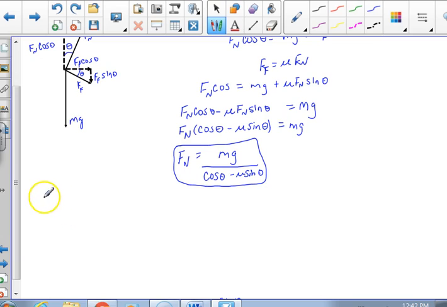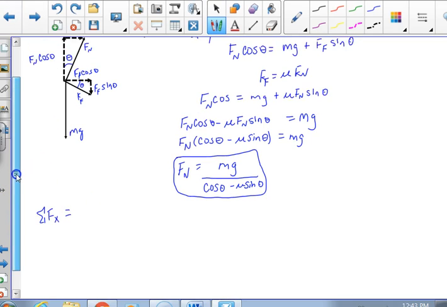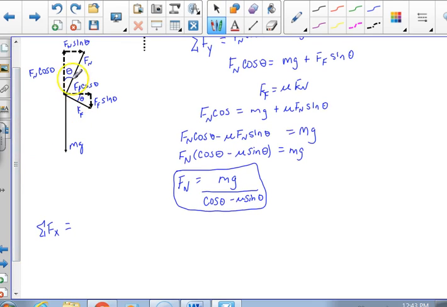The second part of the derivation, we're going to find the sum of forces in the x. So we start by saying sum of forces in the x. If we look back at our diagram, we've got a couple of forces in the x. We've got Fn sine theta, or the x component of the normal force, and we've also got the x component of the friction force, F friction cosine theta.